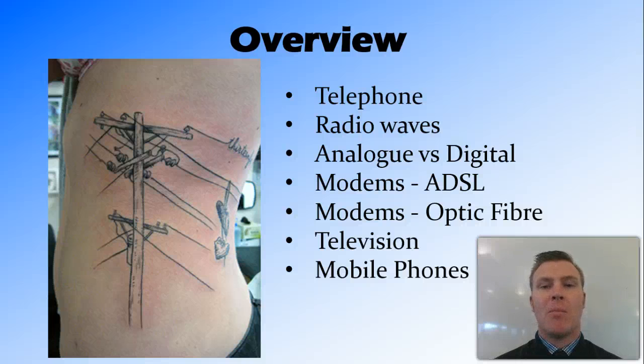And we've looked at mobile phones, which use microwaves to transmit with base stations and then use other means to transmit that message from the base station to the receiving base station, and then again using microwaves from the receiving base station to the receiving mobile phone.